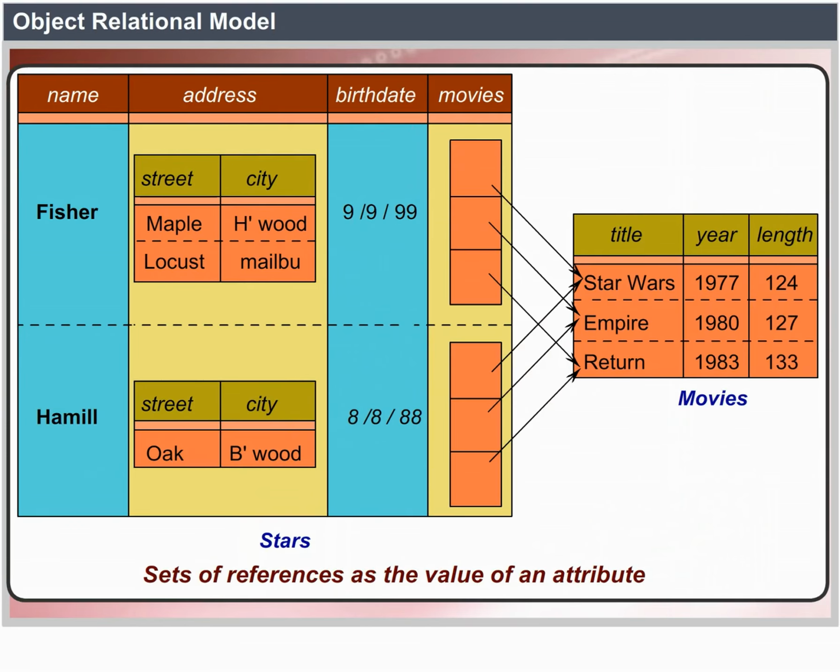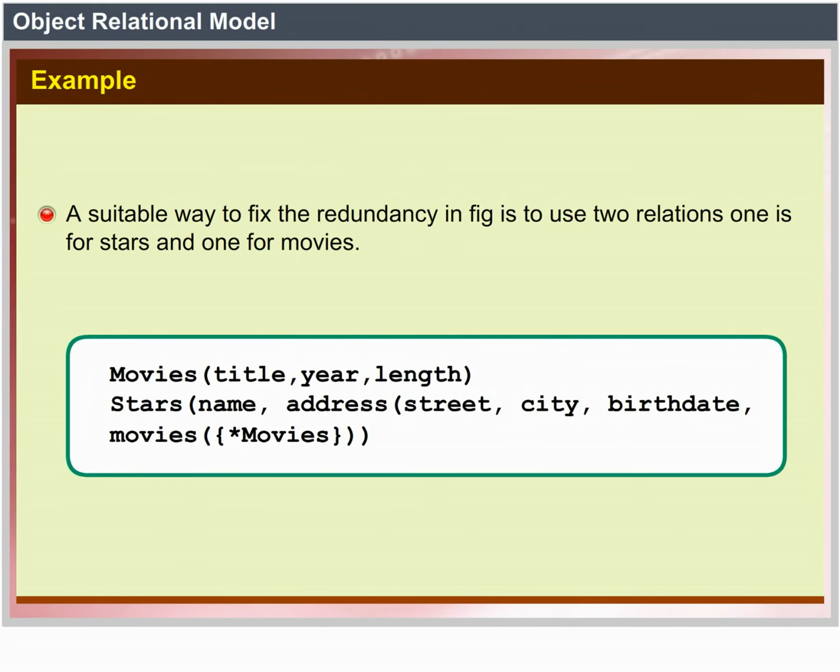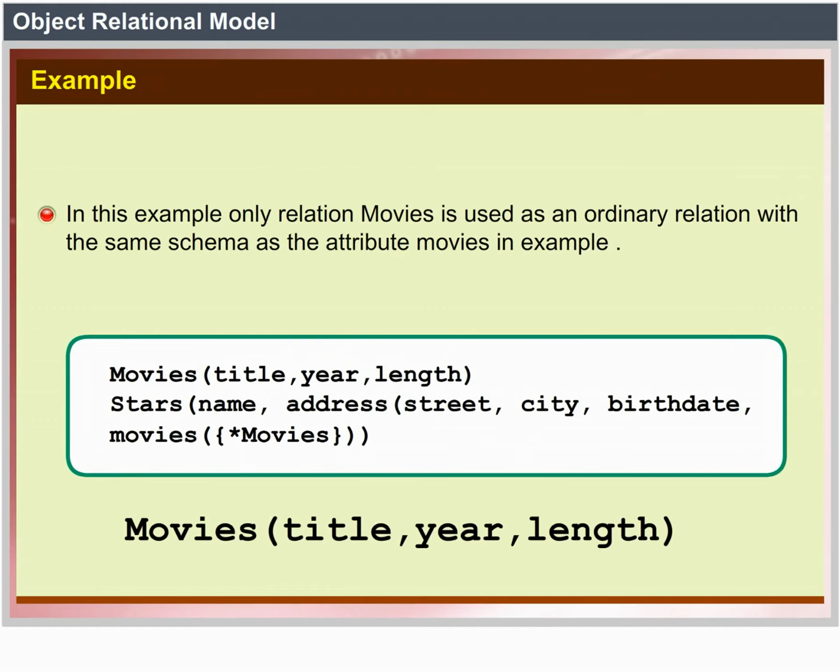Example. An appropriate way to fix the redundancy is to use two relations, one for stars and one for movies. In this example only, we shall use a relation called movies, that is an ordinary relation with the same schema as the attribute movies in the earlier example.